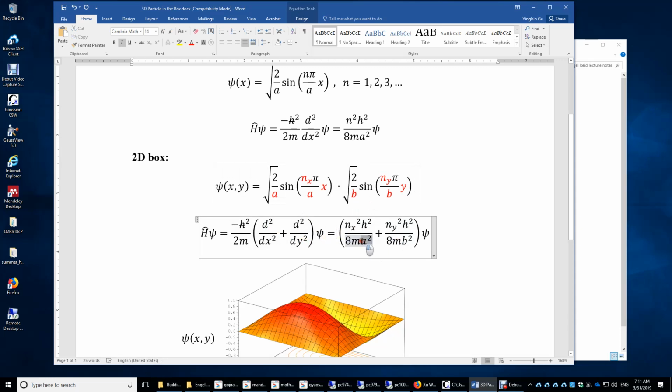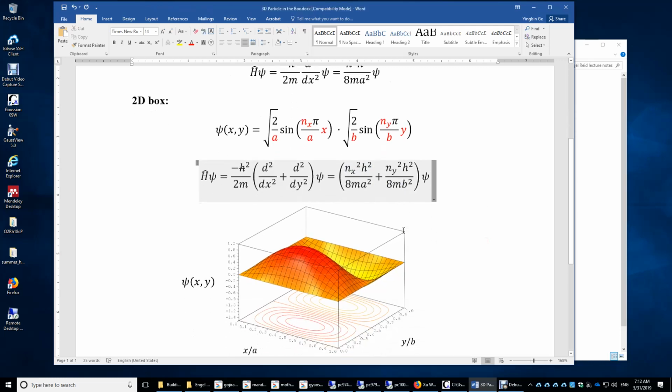It's simply the energy in the x direction plus the energy in the y direction. Energy is additive here. Again, this is because the motion of the particle in the x direction is independent of the motion of the particle in the y direction, so there's no correlation between the x and y directions.